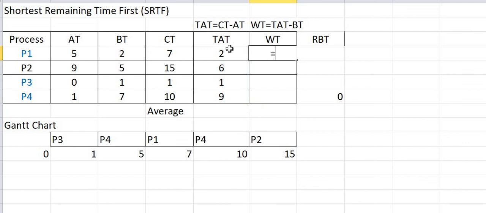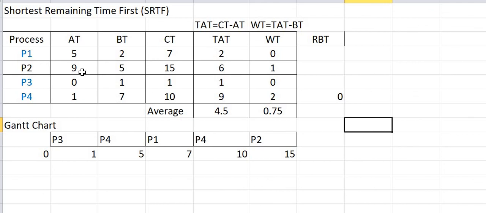And the waiting time is turnaround time minus burst time. On an average, the turnaround time is 4.5 milliseconds, and the waiting time is 0.75 milliseconds.